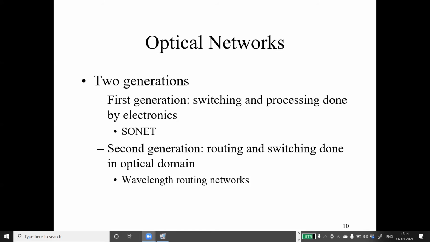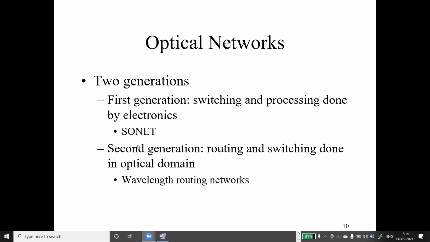Next is your second generation, where, as I said, earlier only fibers were used and everything else was in electronics. In the second generation, you have OADMs, that is add drop multiplexers, and cross connects added to your system, which provide routing and switching, everything done in the optical domain.